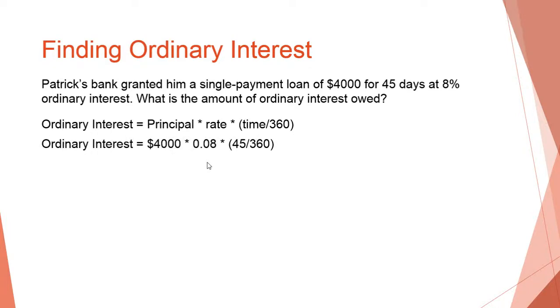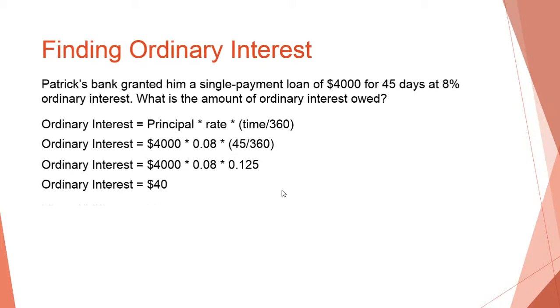We know the principal to be 4,000, the rate to be 8%, but like before, we have to convert 8% into decimal, which is 0.08, times how many days we borrowed it for, which is 45 days, divided by 360. So order of operations, let's do what's inside the parentheses first, and then we multiply, giving us ordinary interest of $40.